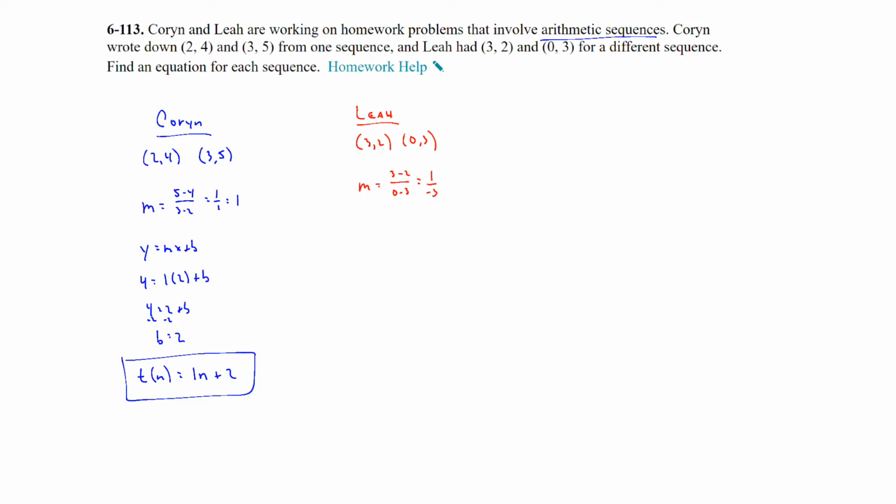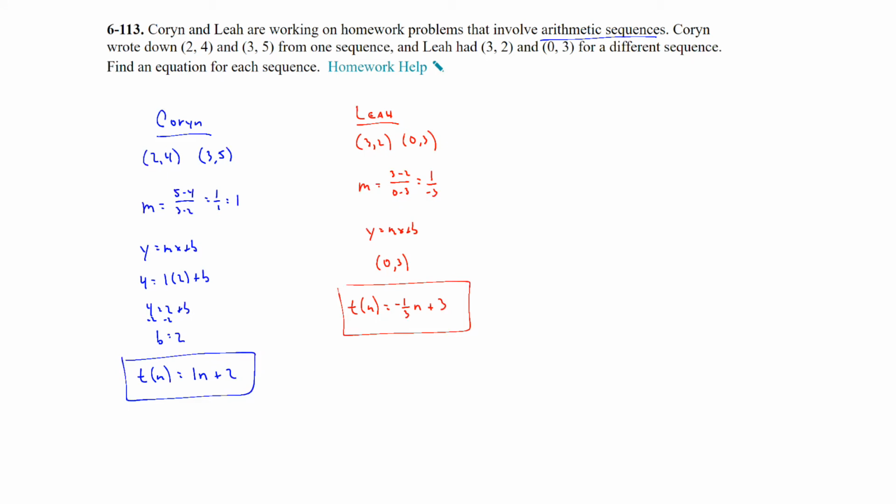And once again, you can use your y equals mx plus b if you need to, but if you're paying attention, we already have the b value at 0, 3. So we have enough to write the sequence. T of n is equal to negative 1/3 times n. That's what it's going to be changing by, and then we're going to start at 3. So we add 3 to create that sequence.